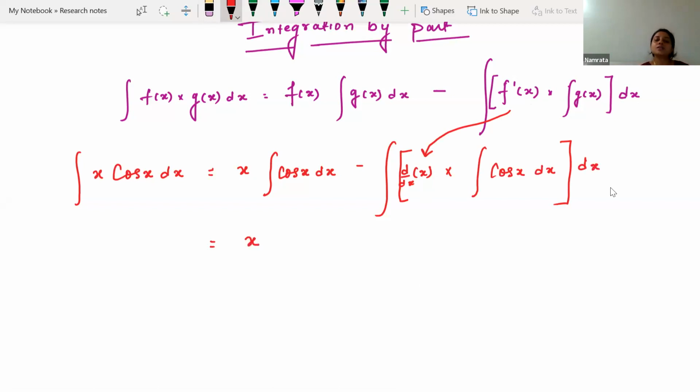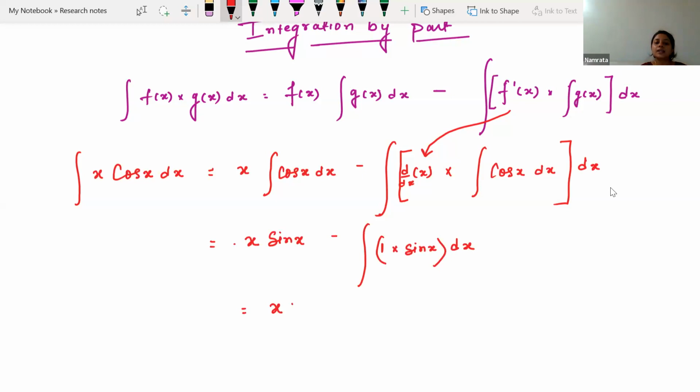First function x, integration of cos x, what is the integration of cos x? Sin x. Yes, integral of cos x is sin x. So sin x only we will be taking, minus, here derivative of x is 1 as you said, and integration of cos x is only sin x. Everything's integration at last we have to do.